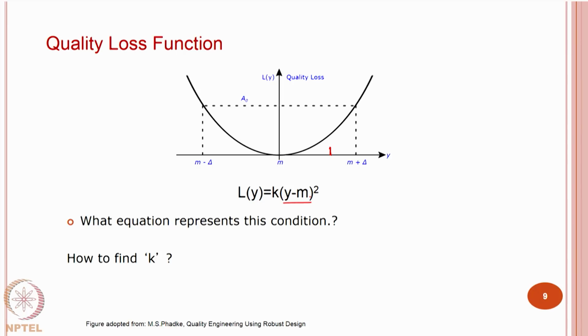So, it is again the same story: deviation squared, and some constant k will give you the loss. So, the question is, how do you know this k? Because this k seems to influence the value.